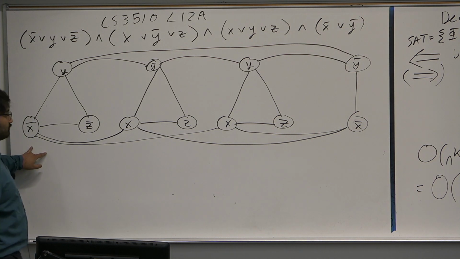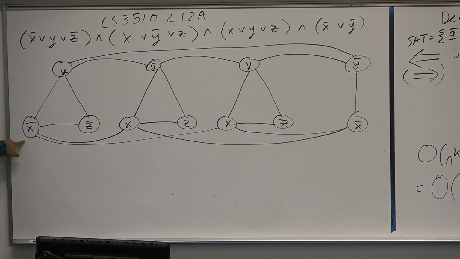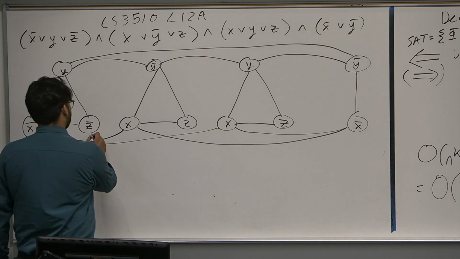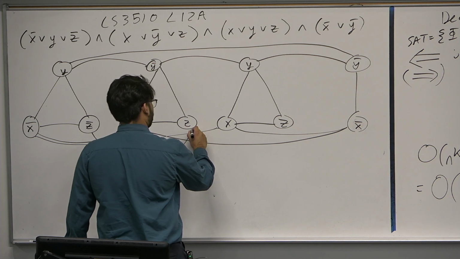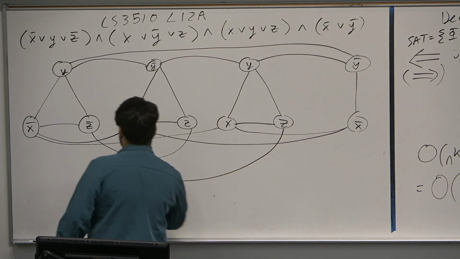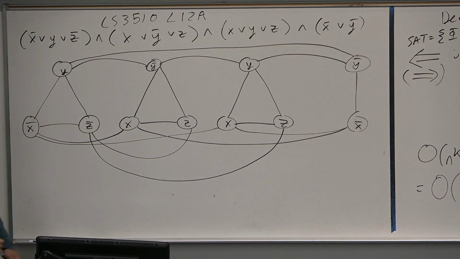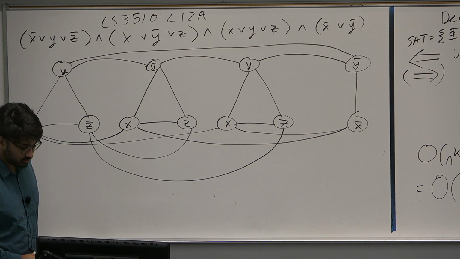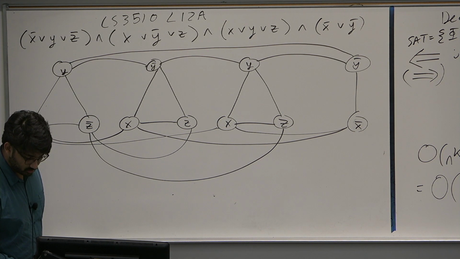And then Z's are going to connect to the negations of those. Okay, this is the following graph. Am I missing any edges? Anything look off? Seems right.